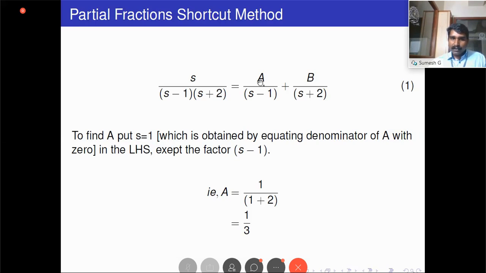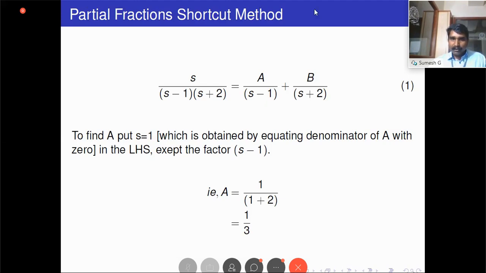So we substitute s equal to 1 in the left side except the factor s minus 1. So here we replace s by 1. Here also we replace s by 1. And we don't consider the right side. So value of a equal to 1 divided by 1 plus 2, which is 1 by 3.